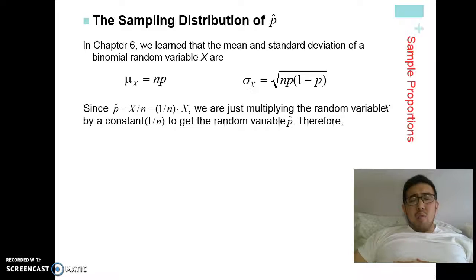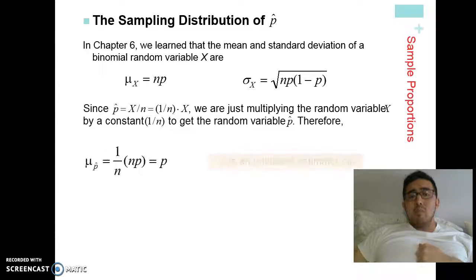So based off of that, our expected value, remember, within a binomial scenario, is just n times p, right? And so if I take n times p, that's my expected number of successes, right? And I want to find, okay, well, what is the proportion of success? Then I would just divide my mean of that scenario by n.